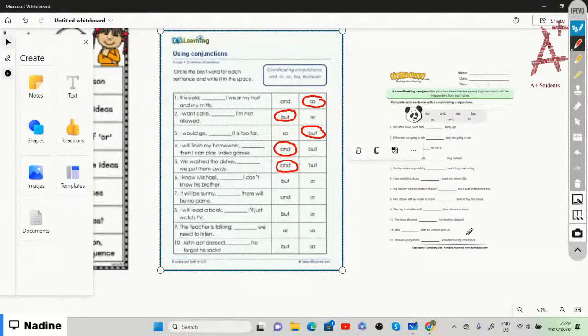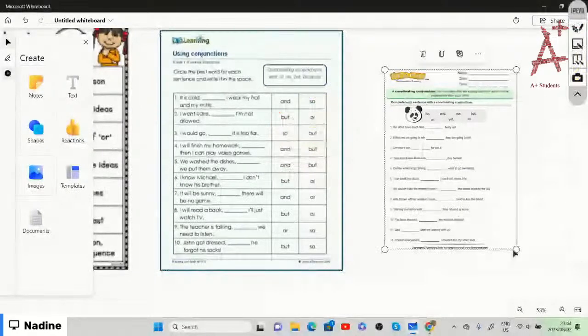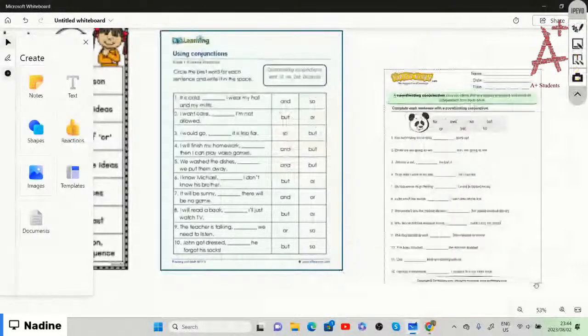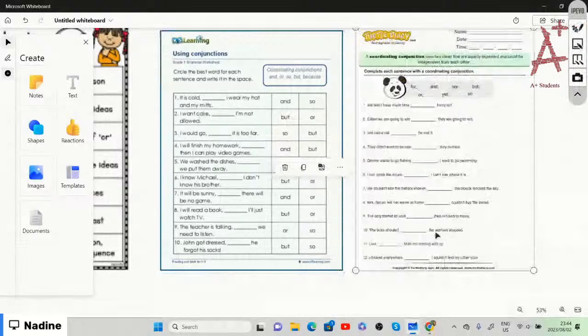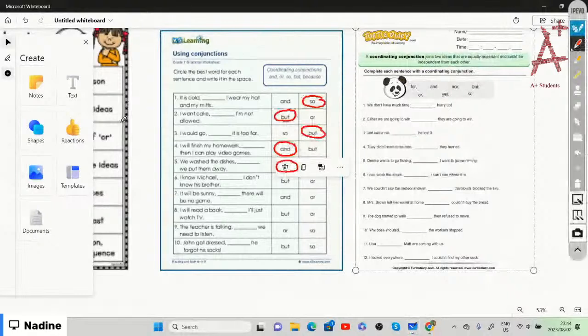Right. So that is a few of the coordinating conjunction worksheets, right? For the words so far, right? And we said the most common ones are and, or, so, and but. So now we're going on to the last activity, right?